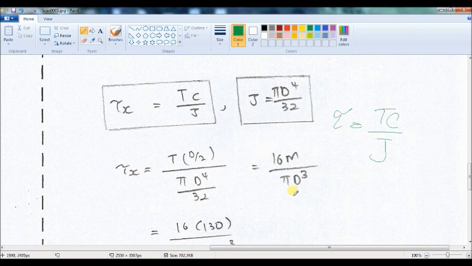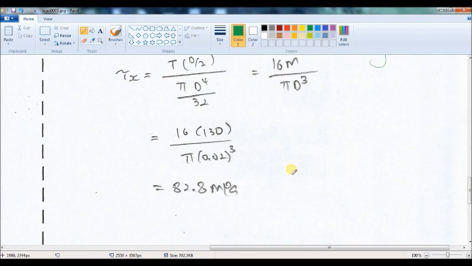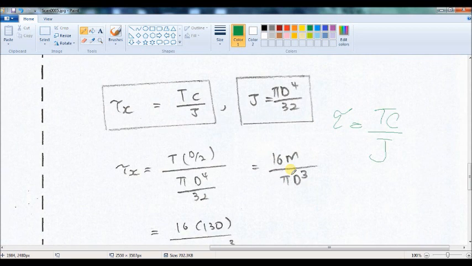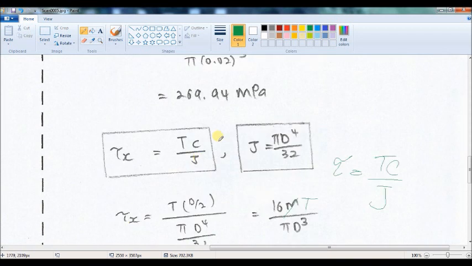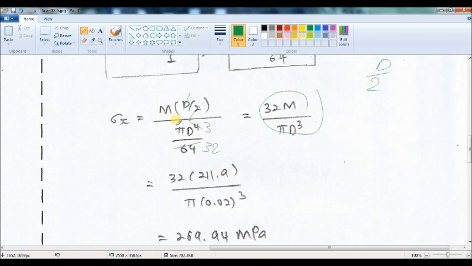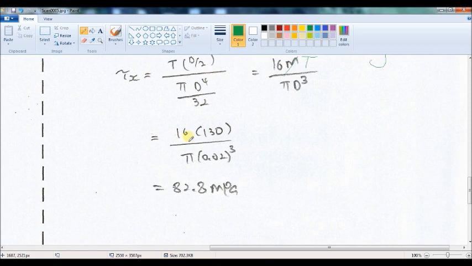Again, we will write here and it can be simplified in this way. Actually this is T. Okay, so the torque we found 130. Substitute here 130 times 16 divided by pi d to the power 3. So again, the maximum torsional shear stress is 82.8 megapascal.